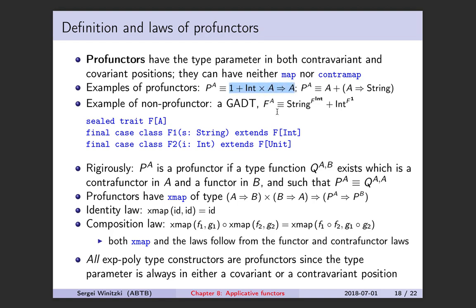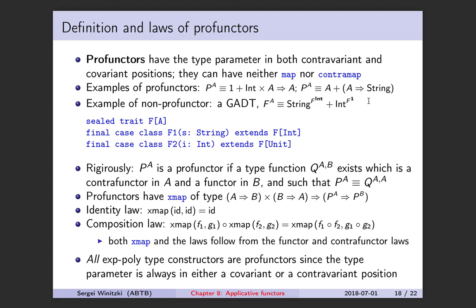Typically, you have a function from this to this, and the type parameter occurs both in contravariant and in covariant positions. Another example, you have a disjunction or sum type, sum of a and a function. So here a is covariant and here a is contravariant. And so these are typical profunctors.